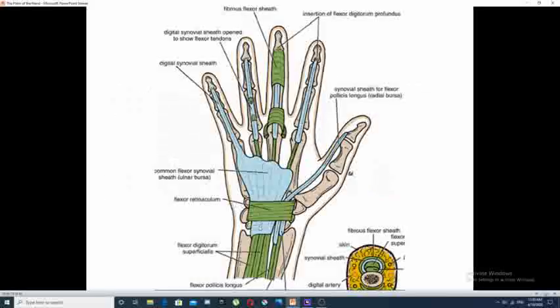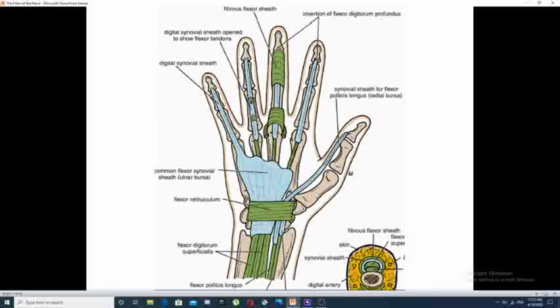You can see in this figure, these are the long flexor tendons. And in this bluish membrane, which is the synovial flexor sheath, a synovial membrane surrounds the tendons of the long flexor muscles.